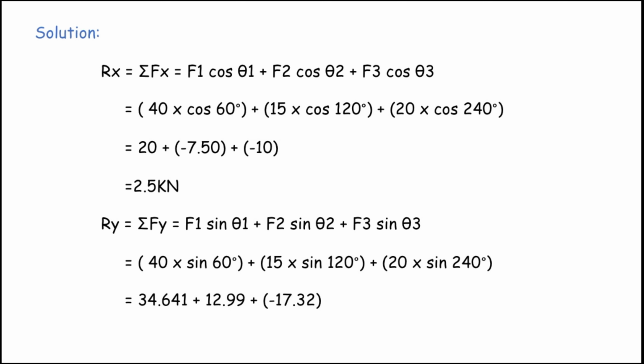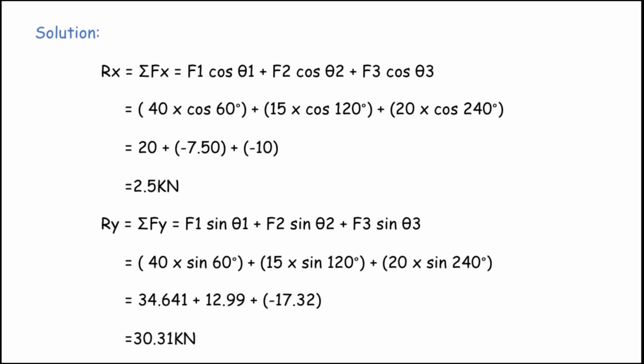As I said before in the diagram, two forces are in the positive direction of the y-axis and a single force is in the negative direction. It is the 20 kilonewton force, F3, so it takes a negative sign. Now the summation of the values is 30.31 kilonewton. So we found the Ry value.